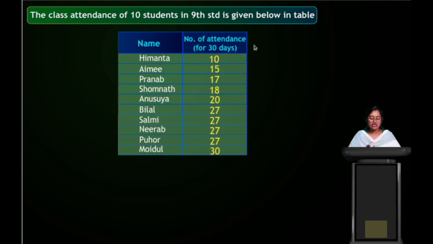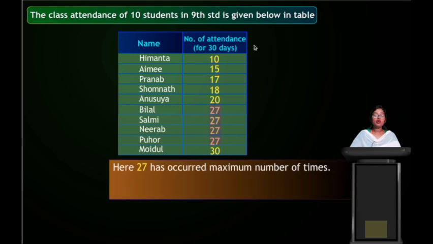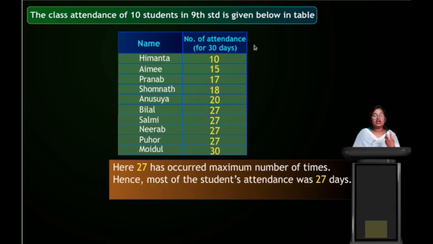So children, can you see this 27 has occurred more than one time? Here you can see 27, 27, 27, 27. So we can say 27 has occurred the maximum number of times in this given data. Hence most of the students' attendance was 27 days.